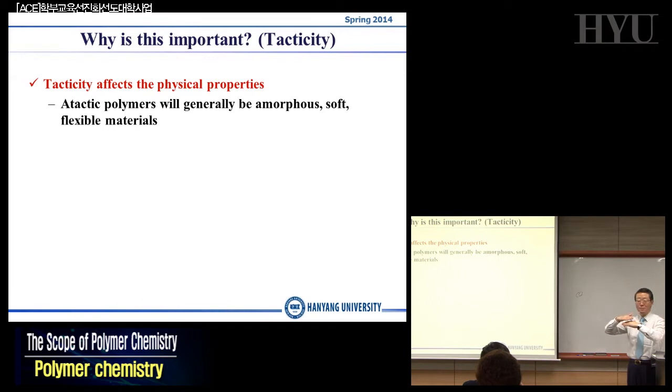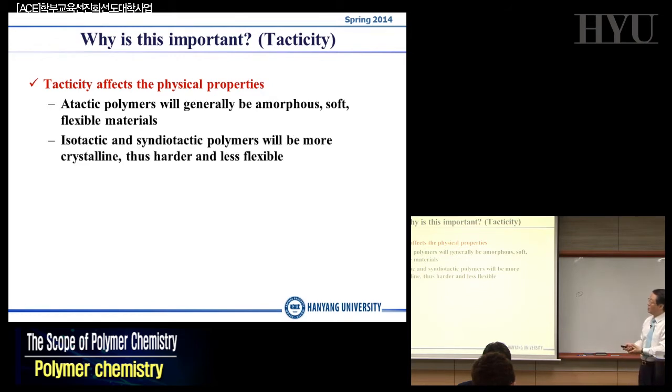Crystallinity always comes from your linear packing. When the molecules are linearly packed, you can form crystallinity. In the case of the amorphous portion, we have randomly distributed chains in the space. So the atactic polymer, because of the long and big molecules attached up and down and randomly in the space, will become amorphous. Therefore, it becomes quite soft because of no or very small crystallinity, and a flexible material.